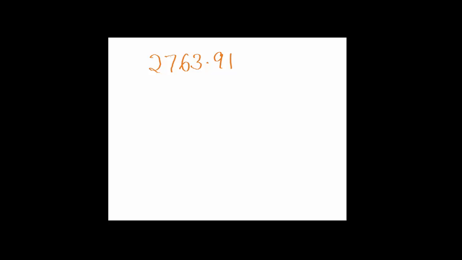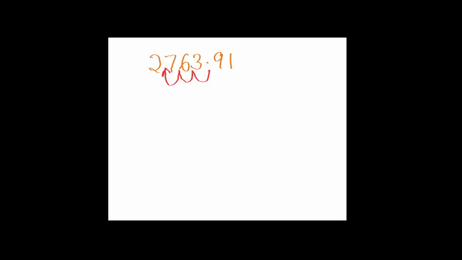If I want to convert this number into proper scientific notation, then the range must be 1 to 10. So I need to move this decimal point towards the left 1, 2, 3. If I move 3 places, it will be in the range of 1 to 10.